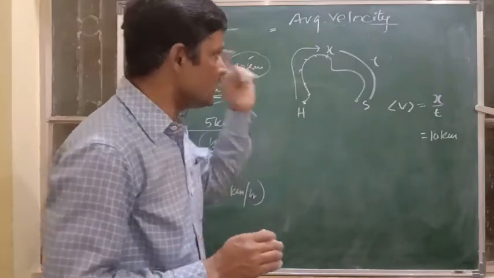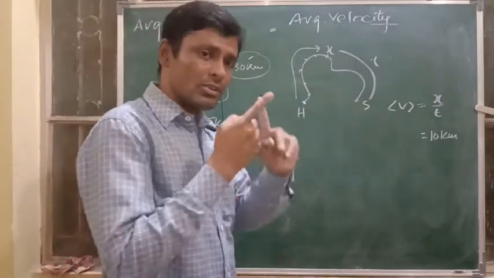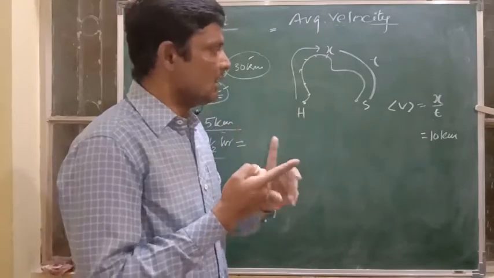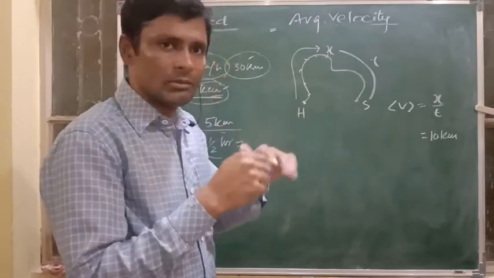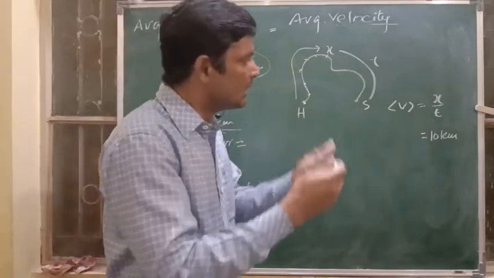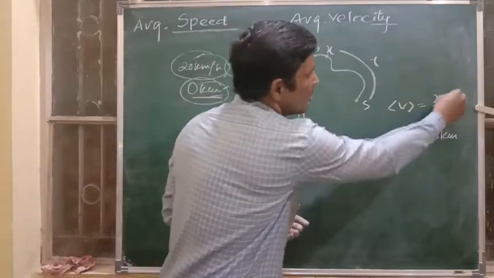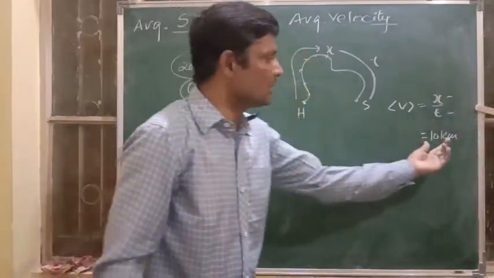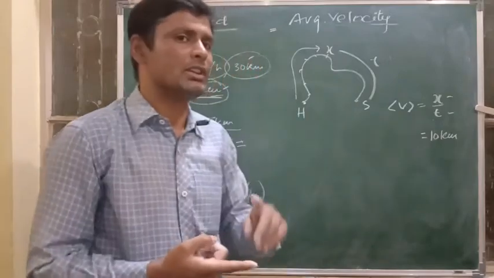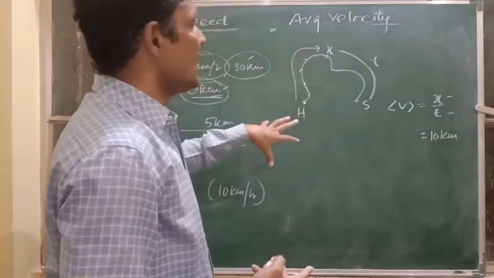Then he will calculate the total distance and total time he takes every day, and by dividing total distance by total time, he will calculate the average speed or constant speed he has to take. So this is called average speed.